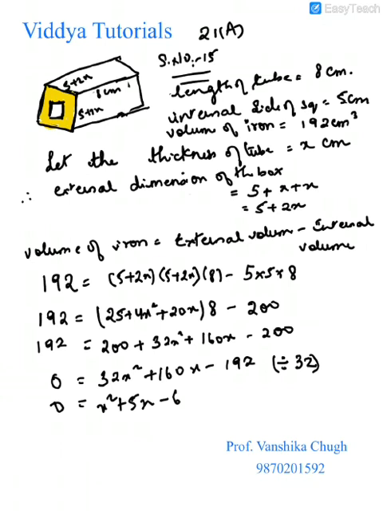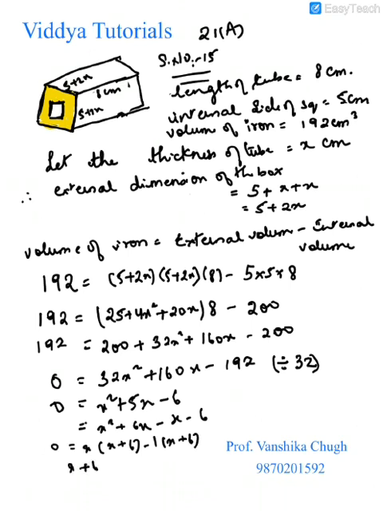Splitting the middle term, x square, two numbers whose product is 6 and difference is 5. So it is 6 and 1. So you get x square plus 6x minus x minus 6. Take minus 1 common, you get x plus 6.